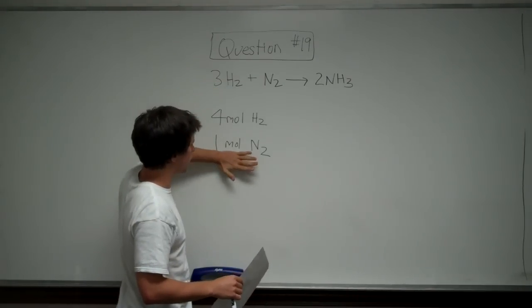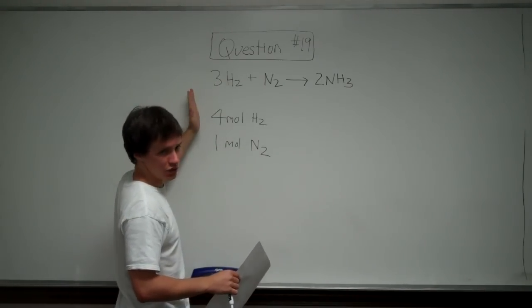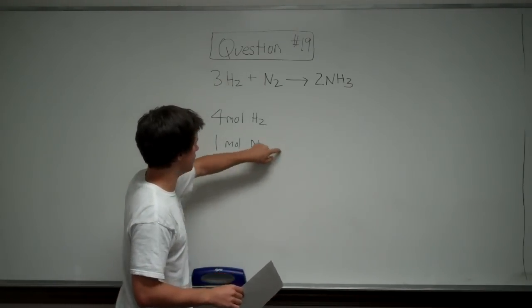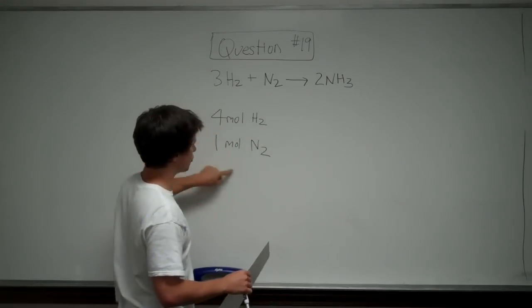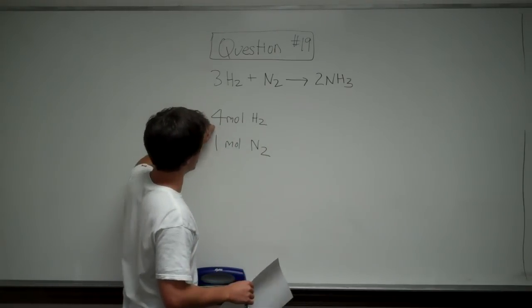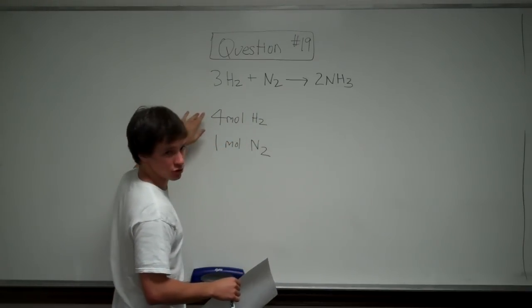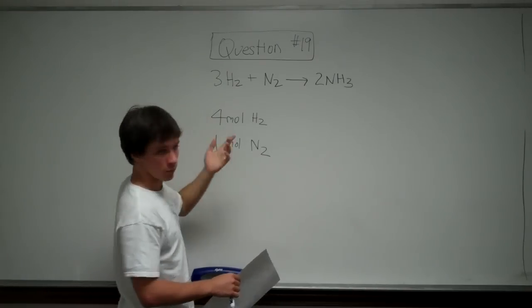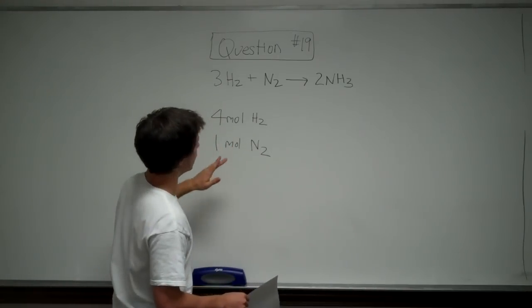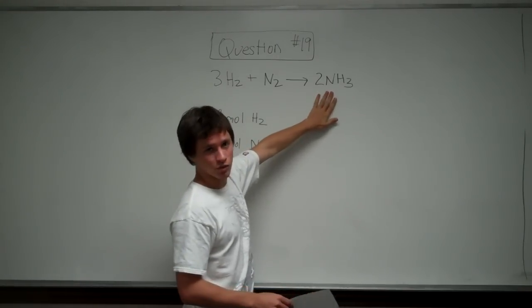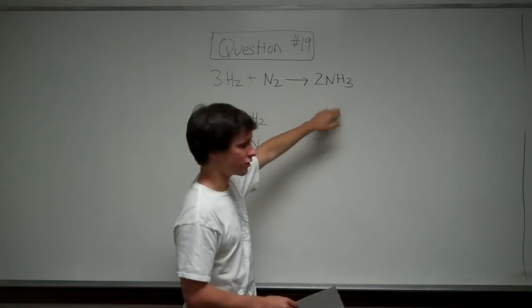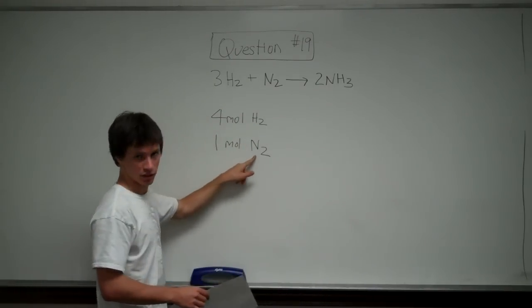So here you're given 1 mole of nitrogen and 4 of hydrogen, but by the time all of this nitrogen reacts, you're only going to have used 3 moles of hydrogen. So you have excess hydrogen, 1 mole excess to be exact. So the amount of ammonia that forms is going to correspond to the amount of nitrogen that you have.